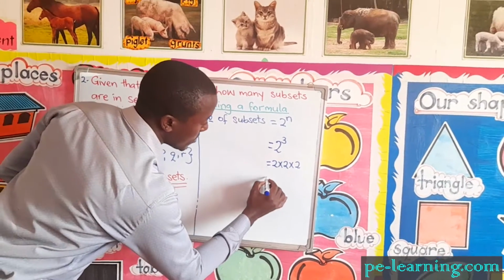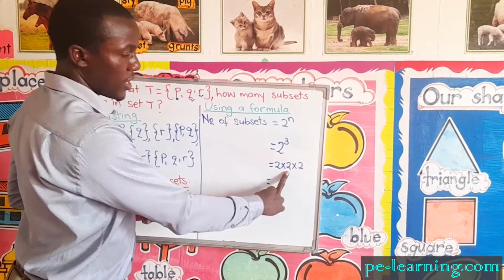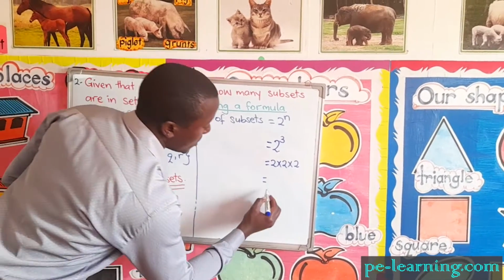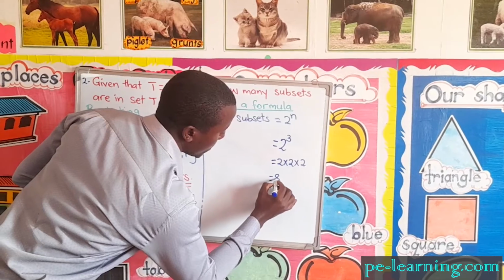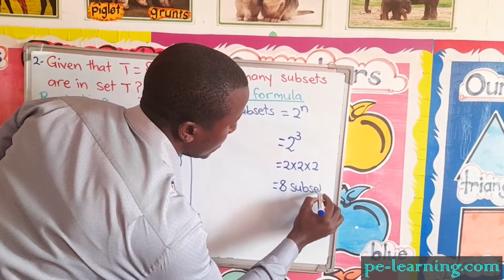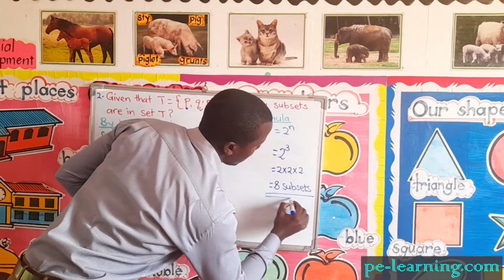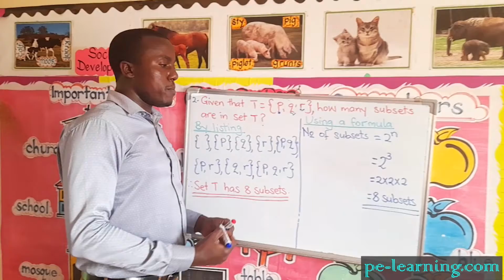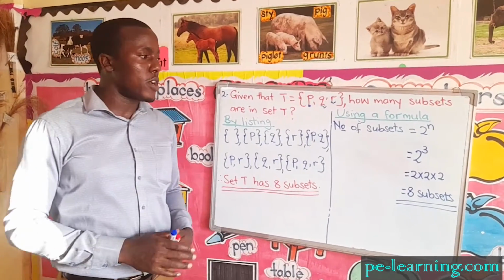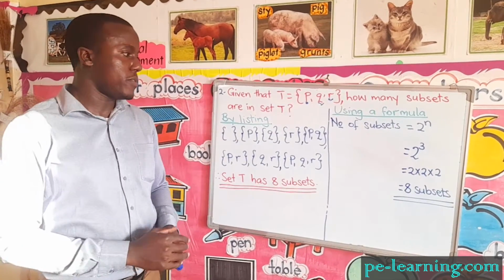Then here we shall have 2 times 2, that is 4. 4 times 2 gives us 8. So we shall get 8 subsets. Very simple like that. So that is how we find the number of subsets.